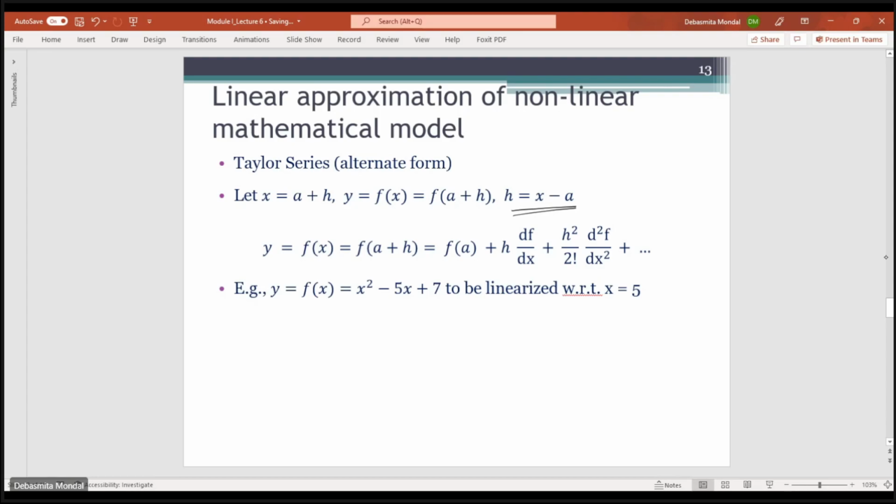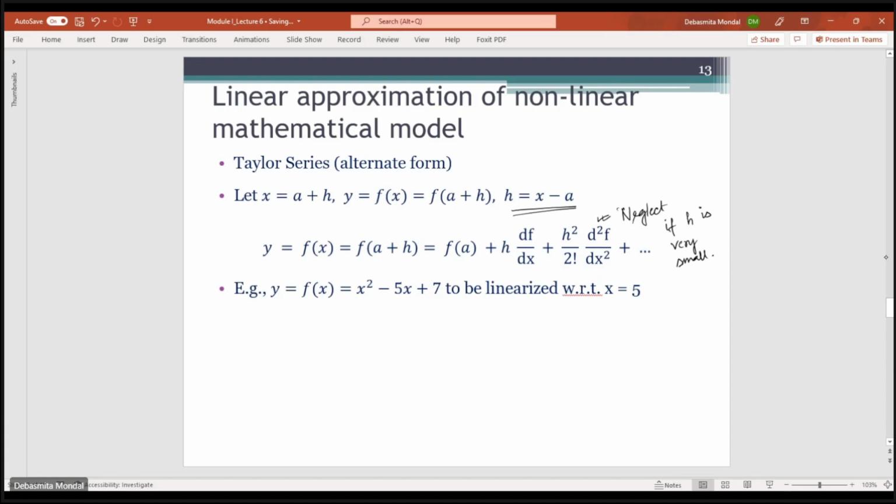Again, if h is very small, you can neglect these and all other higher order terms. Then y will be equal to f(a) plus h times df/dx, which is nothing but a linear equation.